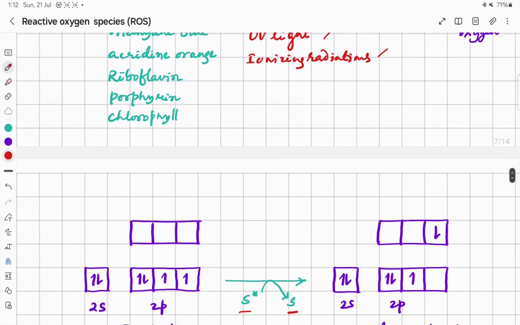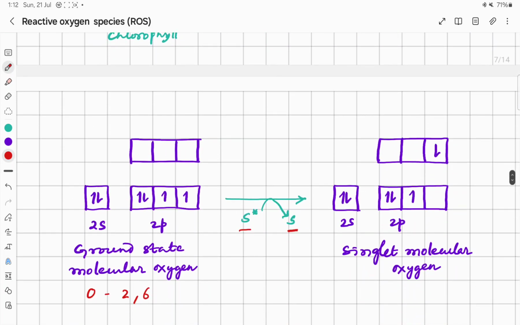You can see here, this is the ground state molecular oxygen, and when the sensitizer absorbs upon irradiation and gets excited, the energy is transferred to ground state molecular oxygen from the excited sensitizer and is used to promote the electron to the next energy level. You can see the spin is also changed, opposite spin.